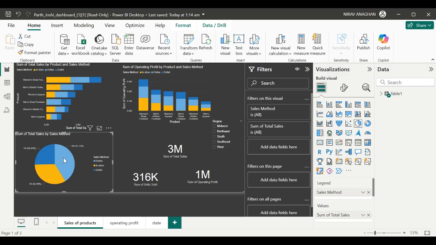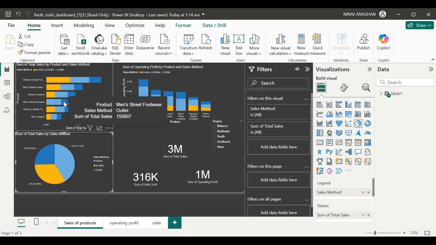Second one is the sum of total sales by product and sales method. The highest sales product is women's street footwear, and the lowest is men's apparel. We can also see that in women's street footwear, the highest selling sales method is in store, and in men's street footwear, the highest sales method is online.